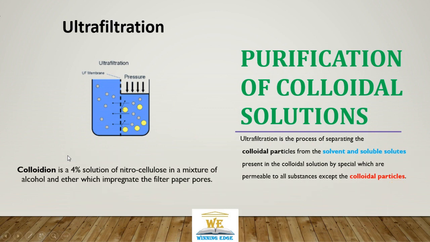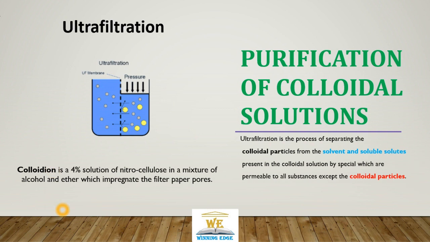Our normal filter paper, if we treat it with collodion, a 4% solution of nitrocellulose prepared as a mixture with ether and alcohol, and impregnate the filter paper with it, the pores will be reduced and their size will be such that they allow only electrolytic solutes and solvents to pass, but not the colloidal particles.